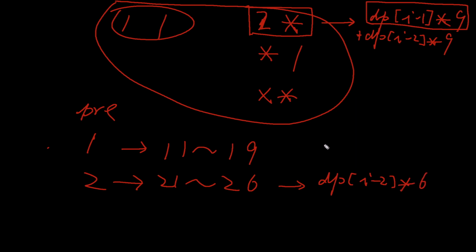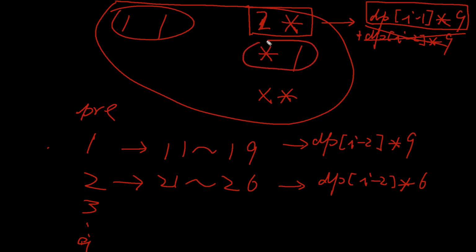So this one is dp i minus 2 times 9. How about 3? 3 to 9, or 3 to 0, doesn't really matter. If the previous one is other than 1 or 2, then this part is gone. Okay, cool, so that's the first scenario.